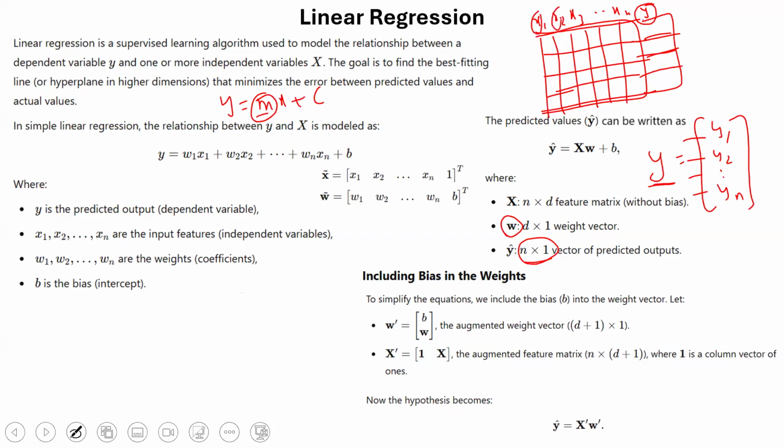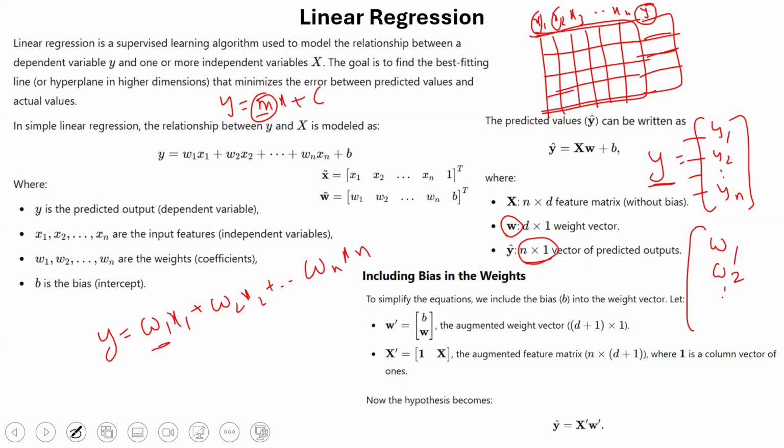If you want to come up with a hyperplane, what is the equation of that hyperplane? That comes down to W1 x1 plus W2 x2 plus so on Wn xn. For every dimension you're getting one weight.